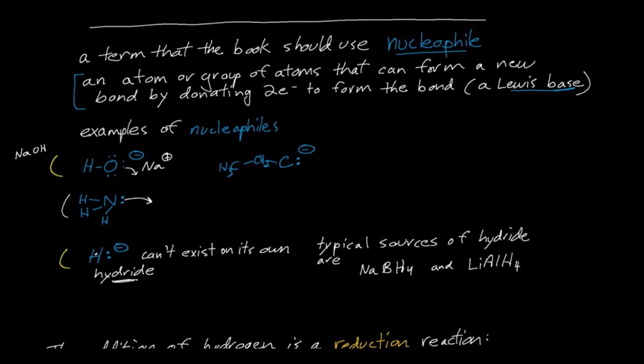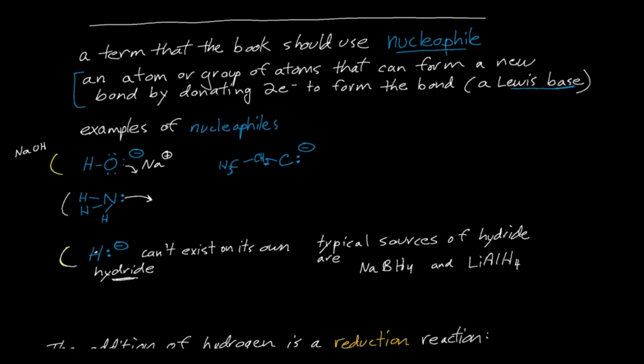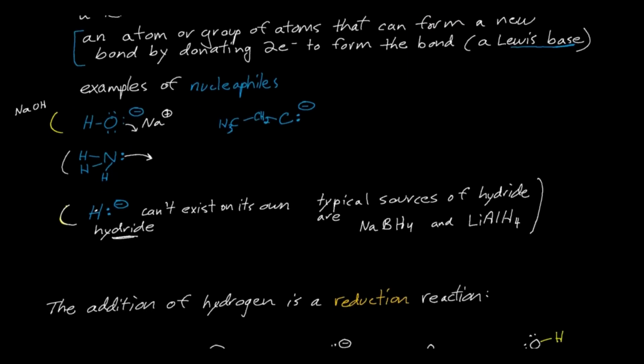The book doesn't specifically mention these. It just mentions hydride, and it almost kind of suggests that it exists on its own, which is bad. So these are sources of hydride, typical sources of hydride.